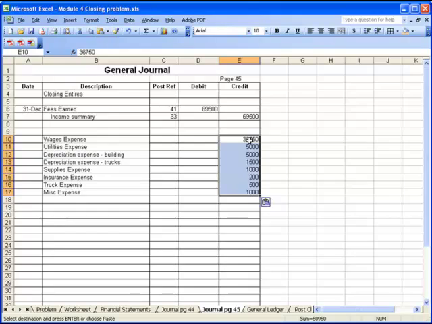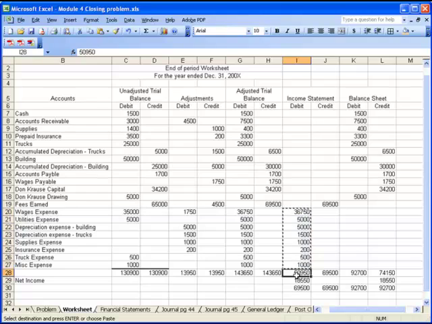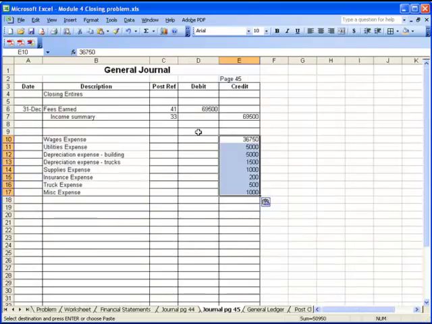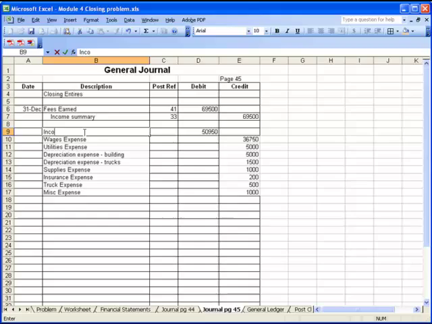Okay, and if we added up all of our expenses, again, the worksheet can help us out here. Our total expenses are $50,950. So we need a debit with a total of $50,950 in it. So I'm going to go here, $50,950, and again we use that income summary account to do that.